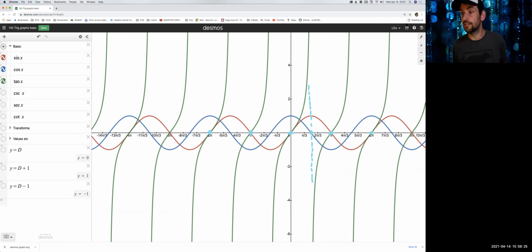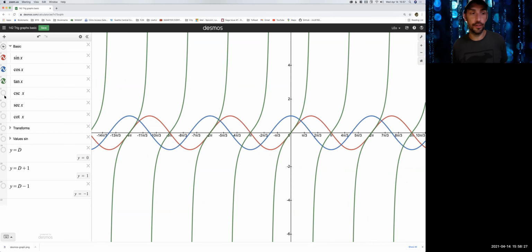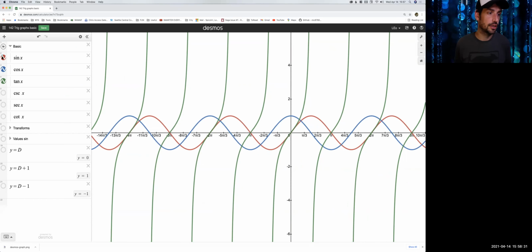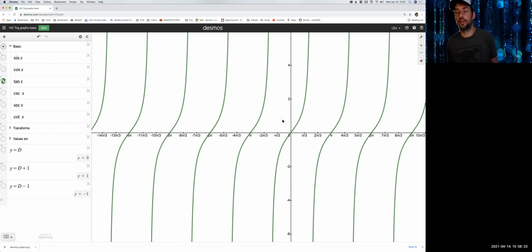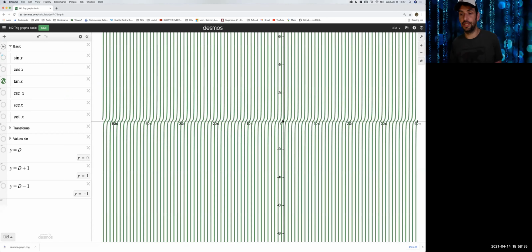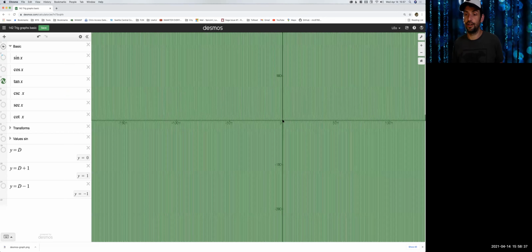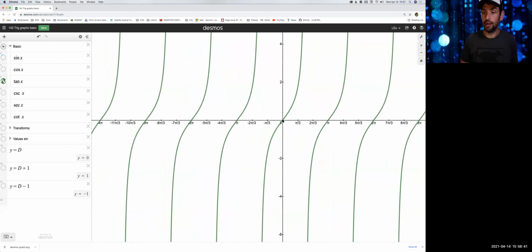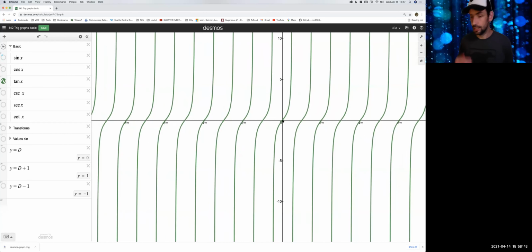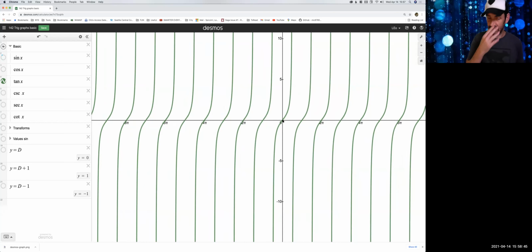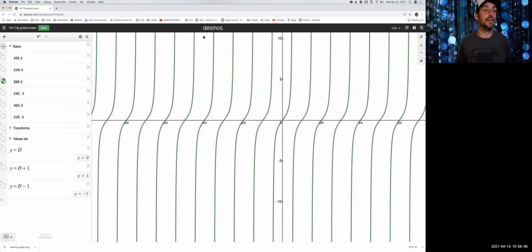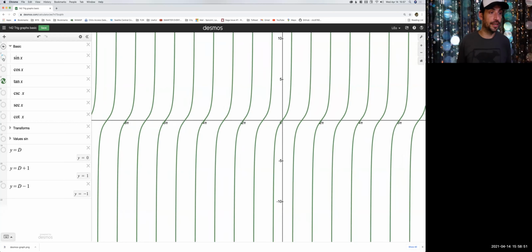Okay, let's get rid of sine and cosine. All right, and so there's our tangent repeating forever and ever. Now it just looks like a green wall, but we get these nice repeating asymptotes as it shoots off to positive and negative infinity.